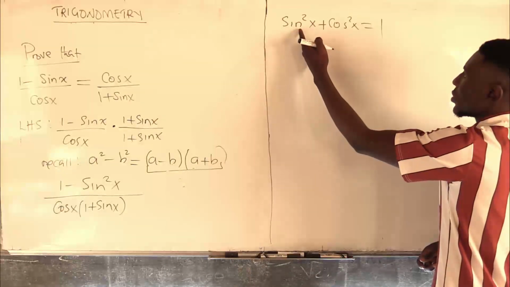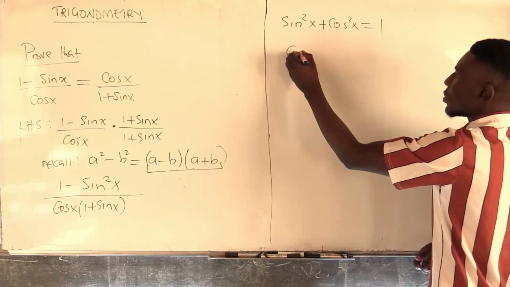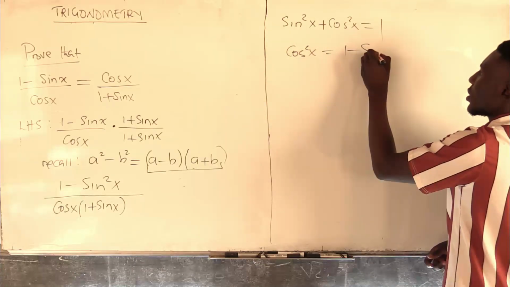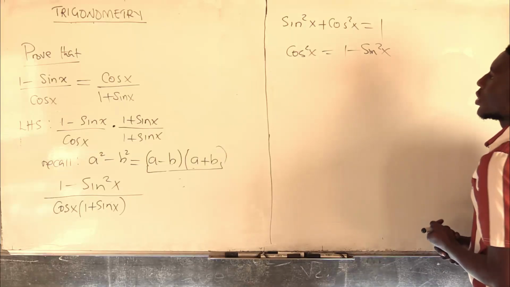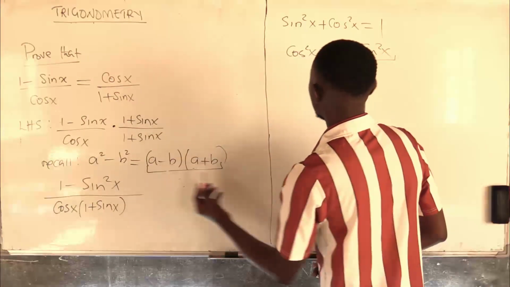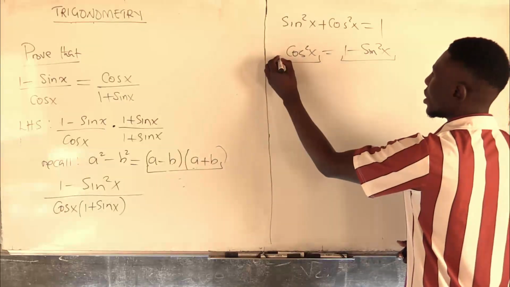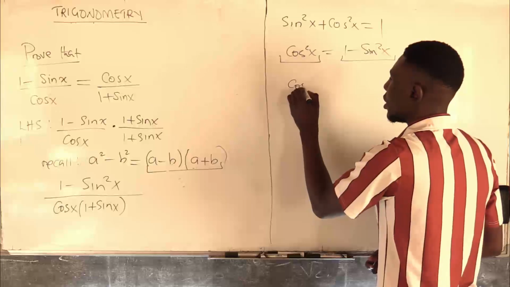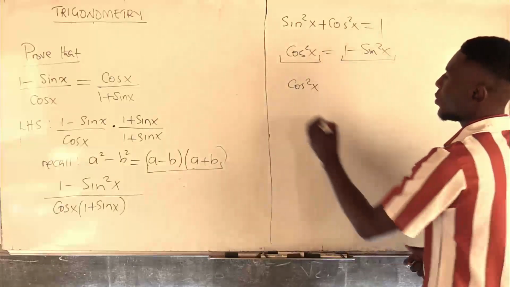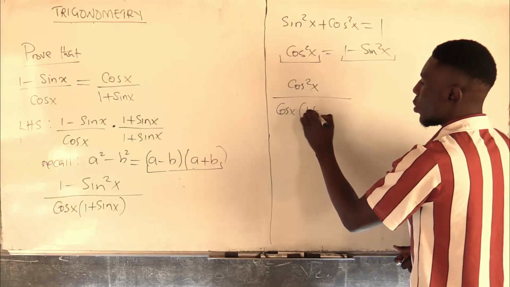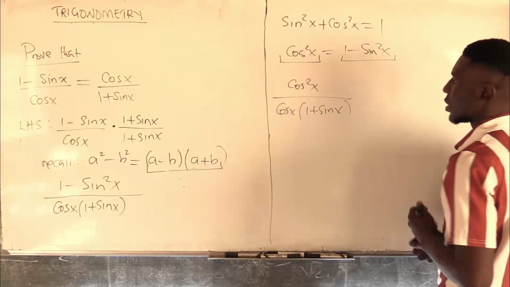So if you subtract sin squared on the left, we'll have cos squared x equals 1 minus sin squared x. So you see now that the 1 minus sin squared x is what we have here, and this is the same as cos squared x. So that we can substitute the numerator with cos squared x. Then we divide with cos x times (1 plus sin x), like this.